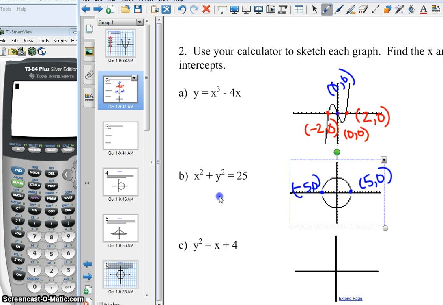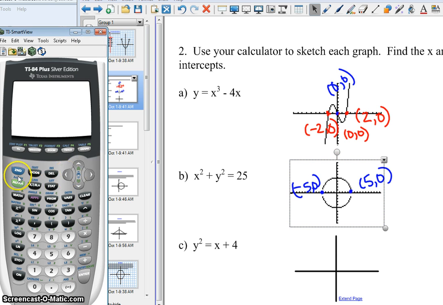The y-intercepts we can do, let's go back to the graph and do second calc value. And when x is 0, it's going to give us 5 for the y-intercept.